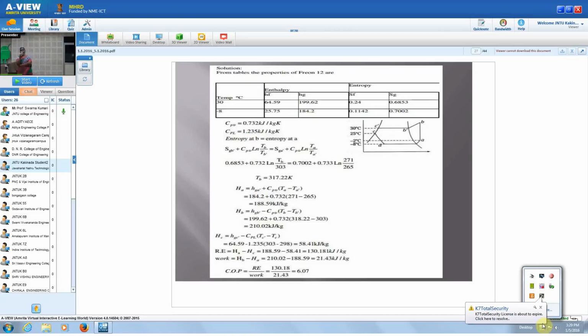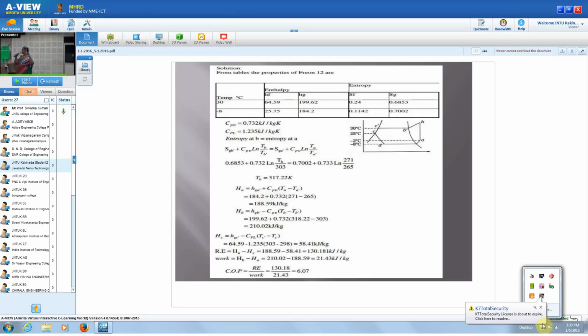After finding this, you have to find out HC. So HC value is nothing but here HC dash minus the heat rejected due to subcooling. So HC dash directly you can get from the properties. So that is at 30 degrees centigrade, the liquid enthalpy. Okay, so that is HC dash.